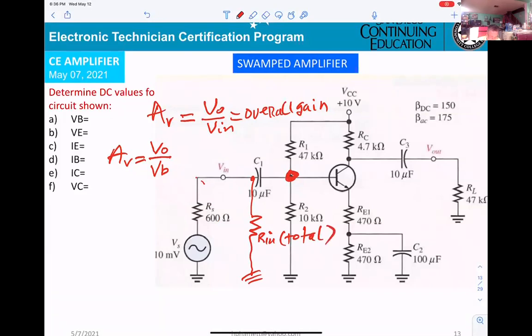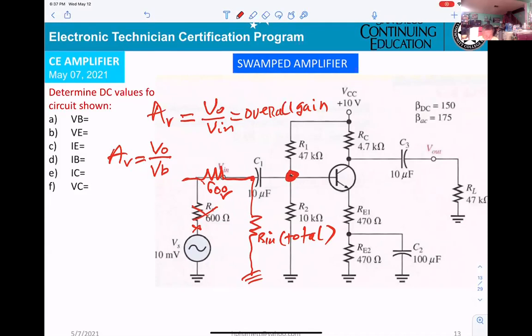Now if you want to calculate the gain right here, basically I can draw this way, you can see 600 ohm here. So you have to use the voltage divider between 600 ohm and R in in order to get the gain for the total.